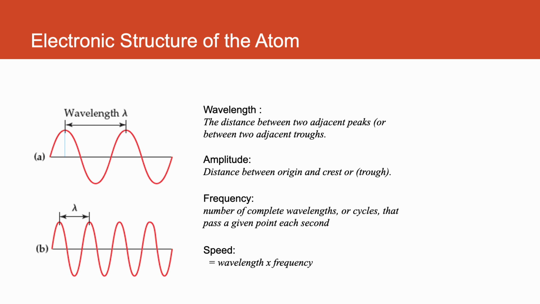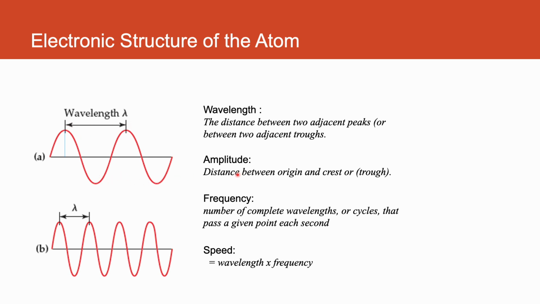So, more on the electronic structure of the atom. Later on, we will discover that particles could actually behave as waves. So, they also have wavelength, amplitude, frequency, and speed. Wavelength is your typical distance between two adjacent peaks or two adjacent troughs. This is your wavelength.